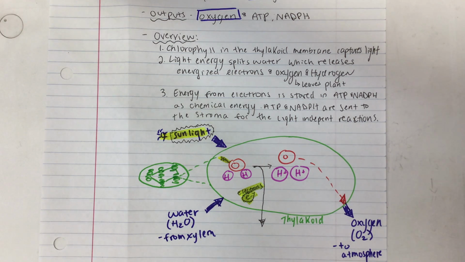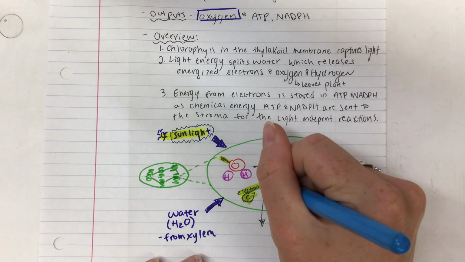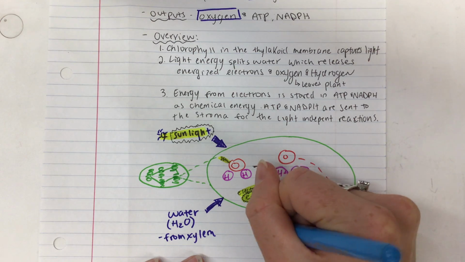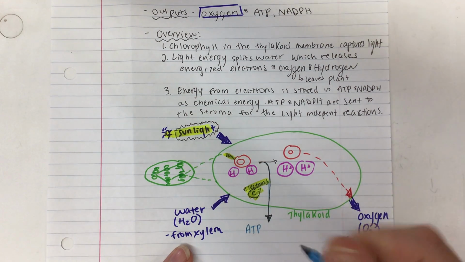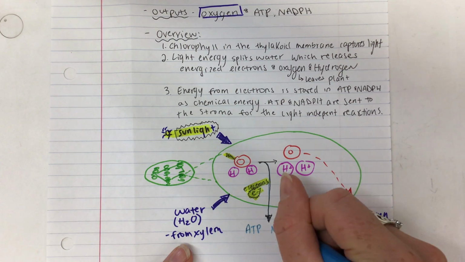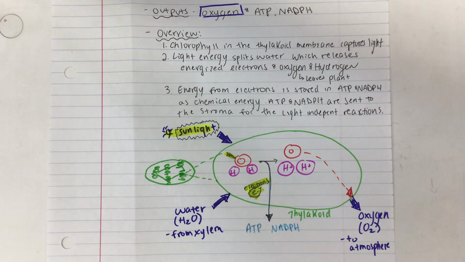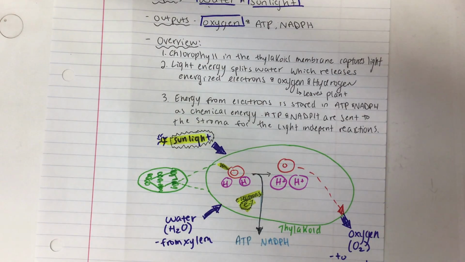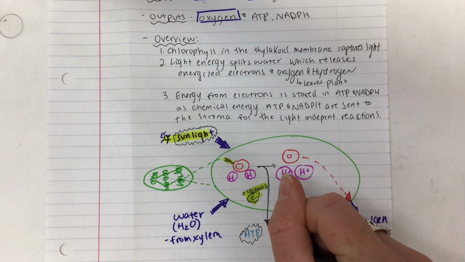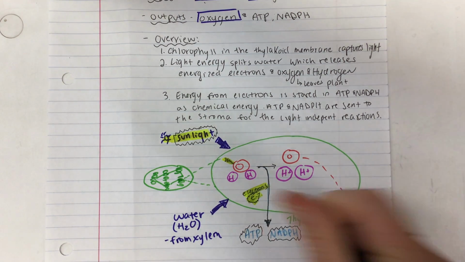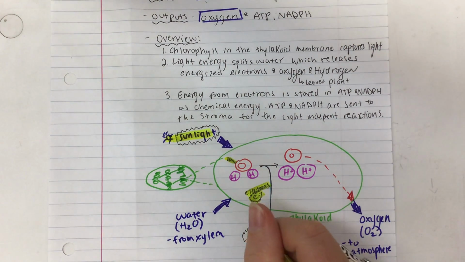Well, they're going to go into building 2 energy carriers. They're going to be stored away in 2 energy carriers called ATP and NADPH. Okay, so I am going to give them the little energy bubble because they now have energized electrons stored inside of them. So this is where our energy is going.